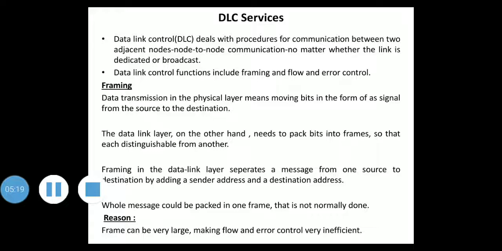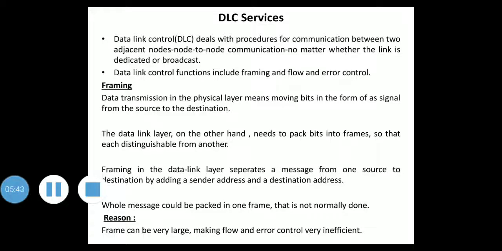The function of data link control will include framing and flow and error control. Okay, so we are now first going to discuss the framing, or it can be said how to organize the bits that are carried by the physical layer. Then later we are going to discuss flow and error control.